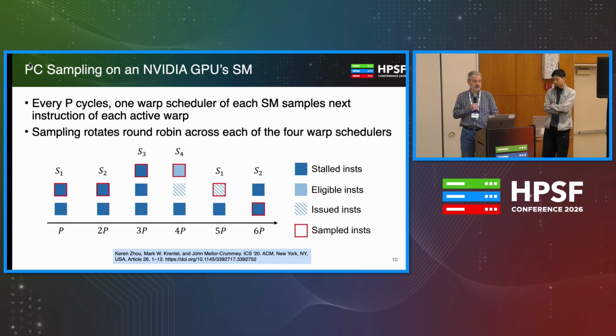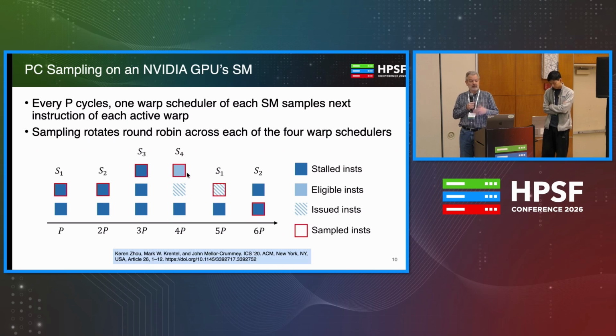The instruction over here in the dark blue might not be ready to execute. Maybe it's waiting for a dependence to be satisfied, maybe it's waiting for a value from memory, so the instruction might be stalled. The next time we take a sample, another period later, we sample another stalled instruction. And then the same is true the next time.